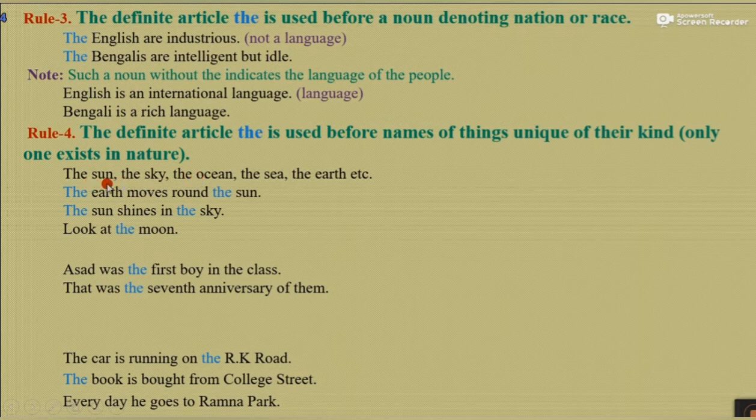For example, the sun, the sky, the ocean, the sea, the earth, etc. The earth moves round the sun. Here, the is used before earth and sun. The sun shines in the sky. Look at the moon. Here, the is used before moon as a unique thing.